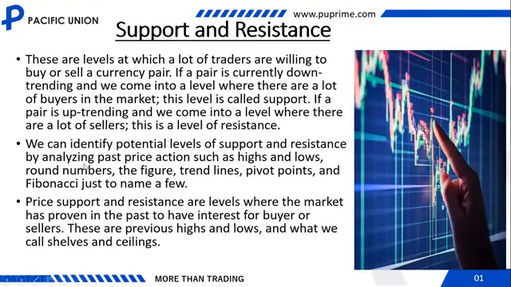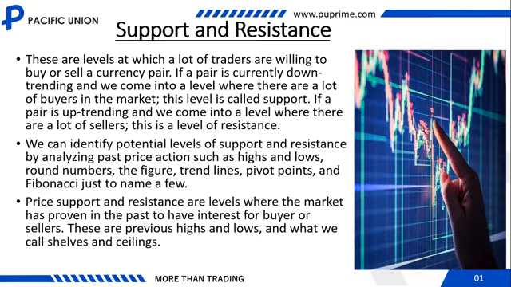So these levels are also levels at which a lot of traders are willing to sell or buy. If you look at all these things, it's just talking more of buyers, talking more of sellers, regions, and all that. So I'm sure you want to be really interested in this. As we go on, I want you to pay close attention.